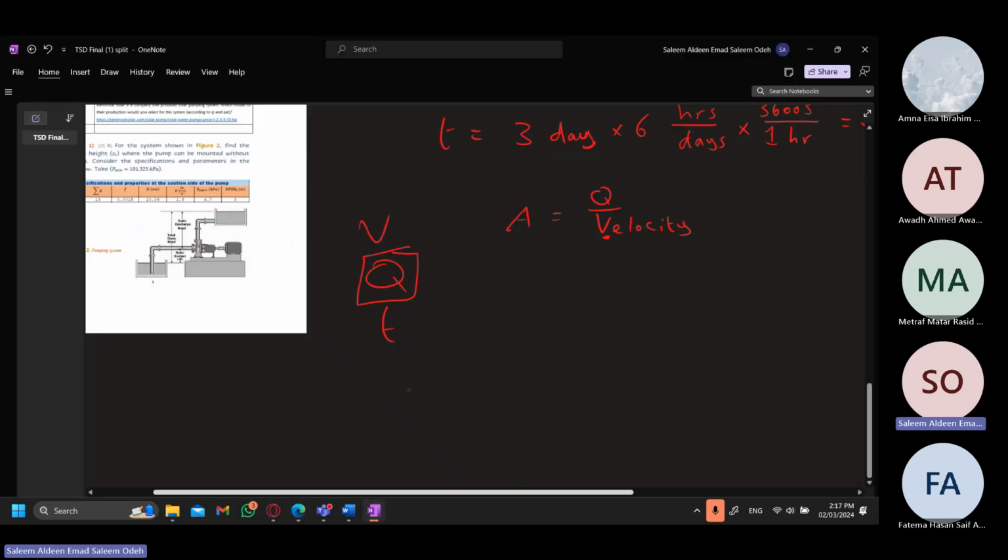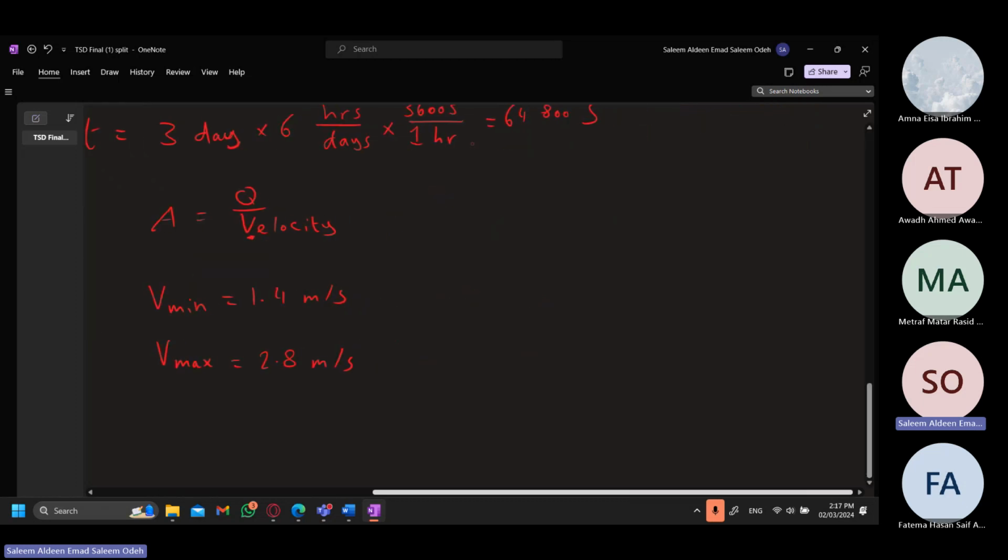So our proper velocity will be between these two. Now, how do we find the proper velocity? We'll have to use V minimum and V maximum. V minimum being 1.4 meters per second, V maximum being 2.8 meters per second. In doing so, we'll also find two areas, A minimum and A maximum. The equation for A minimum is Q over V maximum, and for A maximum, it's Q over V minimum.